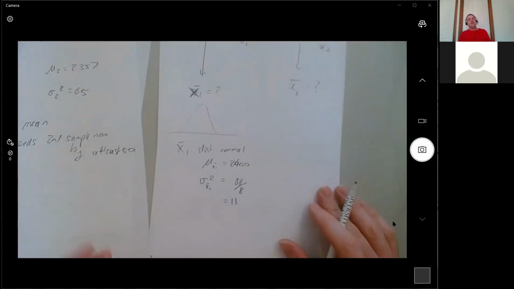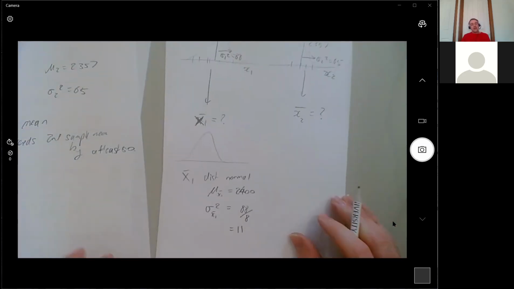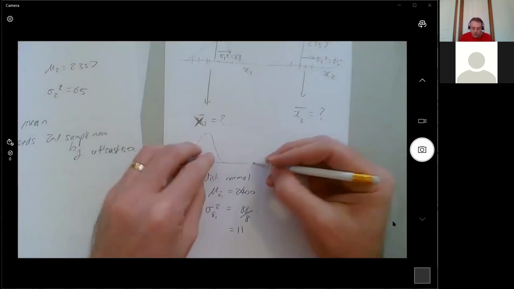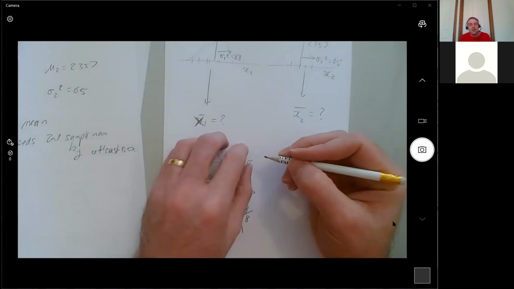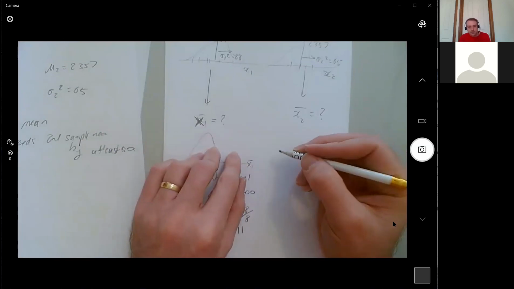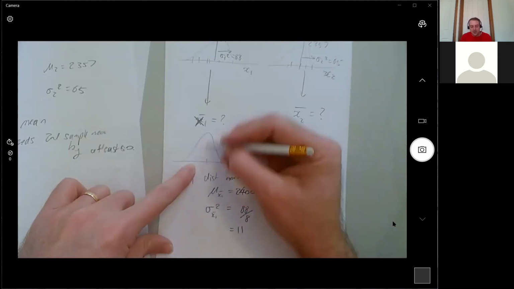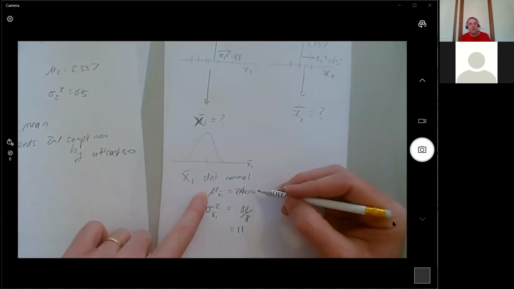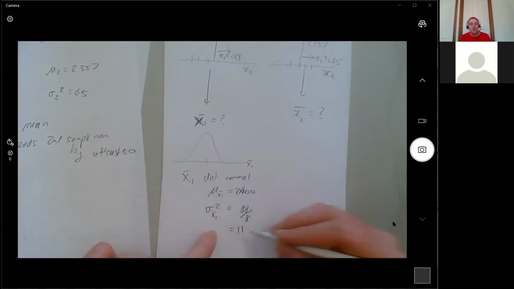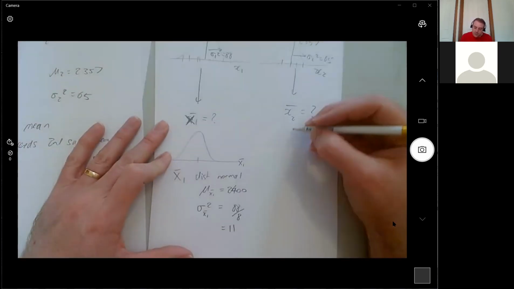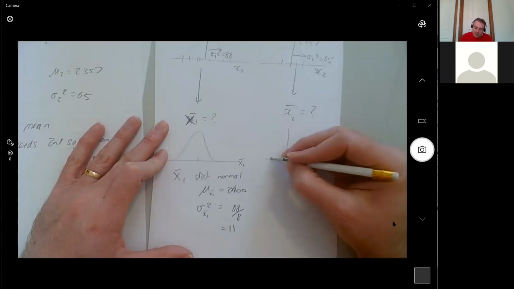So that's the idea here, that we need to figure out the probabilities of everything that could possibly happen. So we need to think of all the possible x1 bars that could possibly happen. And when we think about all of them, this is their distribution. They have the same population mean as before, but a smaller variance. And so this one, the x2 bar, should be the same but narrower again.